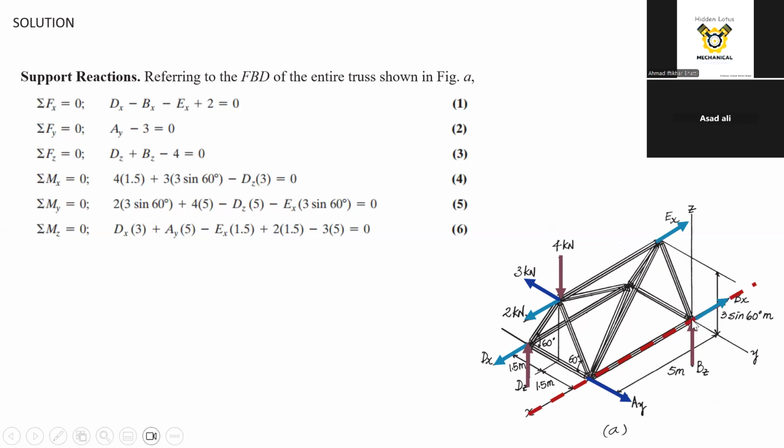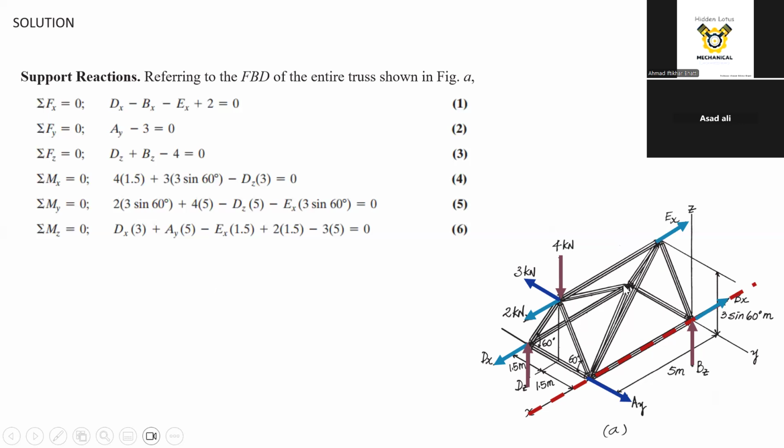And we have also this axial force at point D, which has a perpendicular distance of 3 meters. And you see, this is negative because it is moving in the clockwise direction, while all other forces are moving in the anti-clockwise direction.